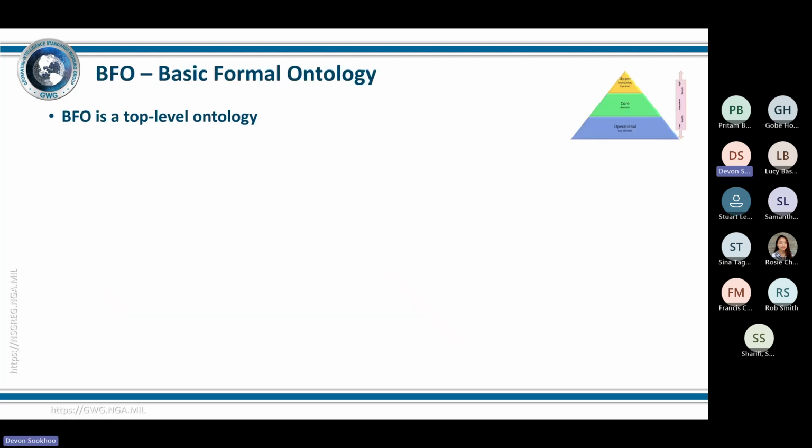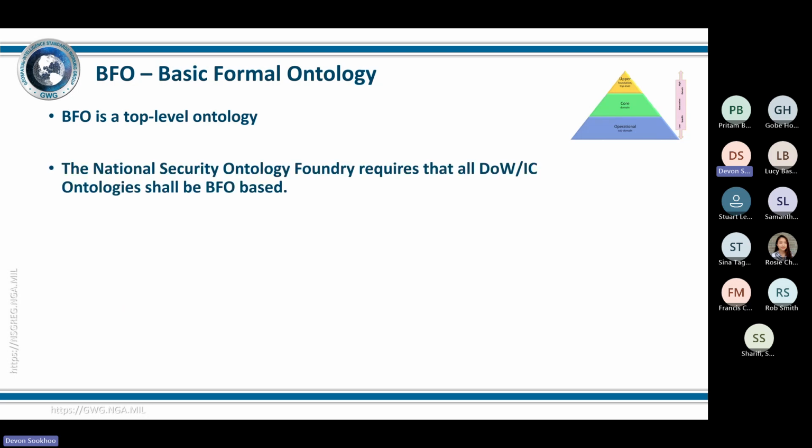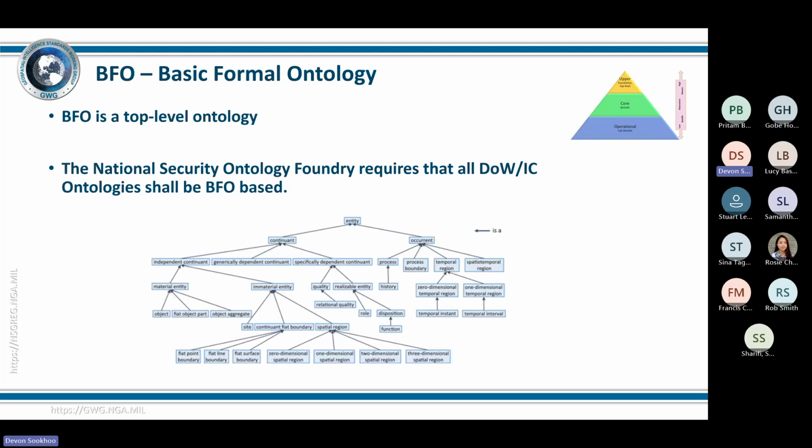But I'll briefly talk about the top level ontology, BFO, which stands for Basic Formal Ontology. I won't go into any details, but we have a requirement to be BFO compliant, so whatever ontologies we use have to conform to BFO. BFO sits at the top layer, so everything else is a subclass off of BFO.